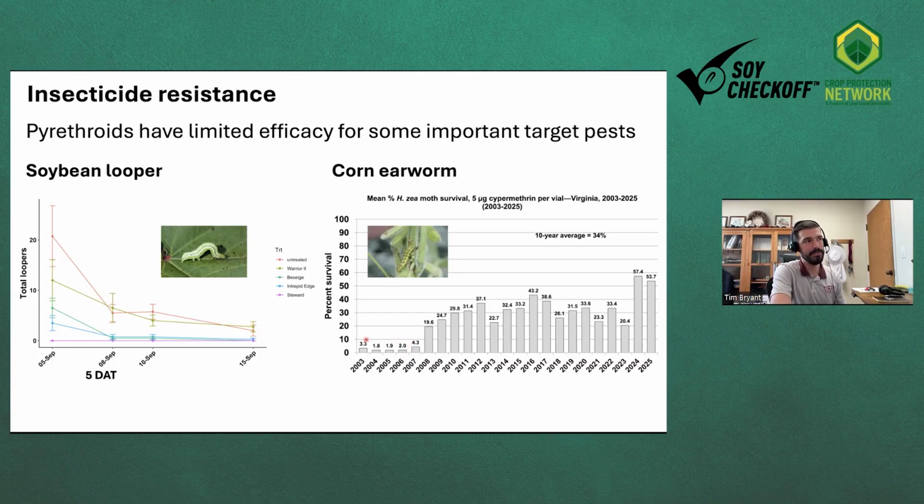You could see that it used to be pretty effective for corn earworm way back in 2003 through 2007. And then that percent survival started to jump up here. And in the last couple of years, we've had over 50% survival on average for these corn earworm moths to cypermethrin. So two examples of pests that are important here in Virginia that would not be effectively managed with an automatic application of a pyrethroid.